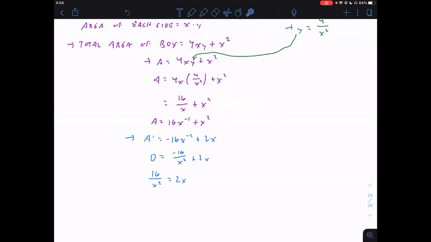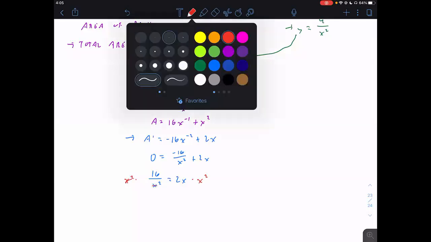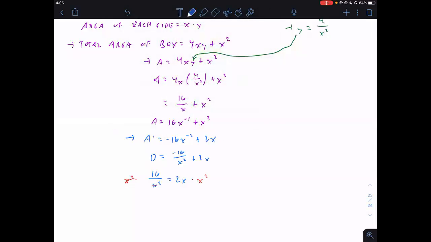And now let's bring this x squared to the top by multiplying both sides by x squared. These x squareds will cancel out, leaving us with 16 equal 2x cubed.